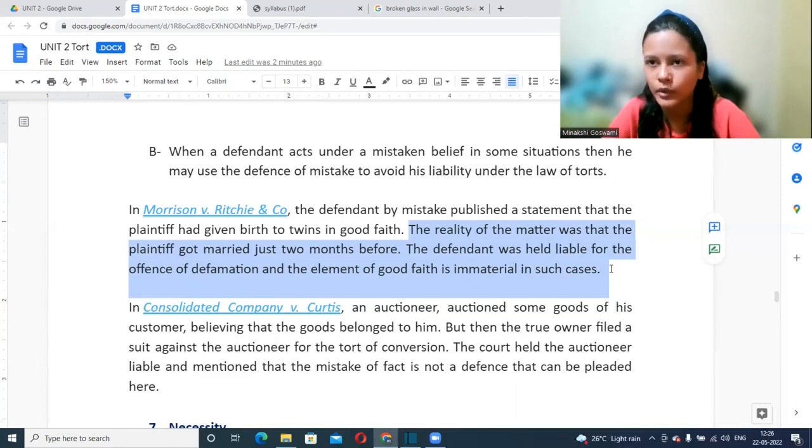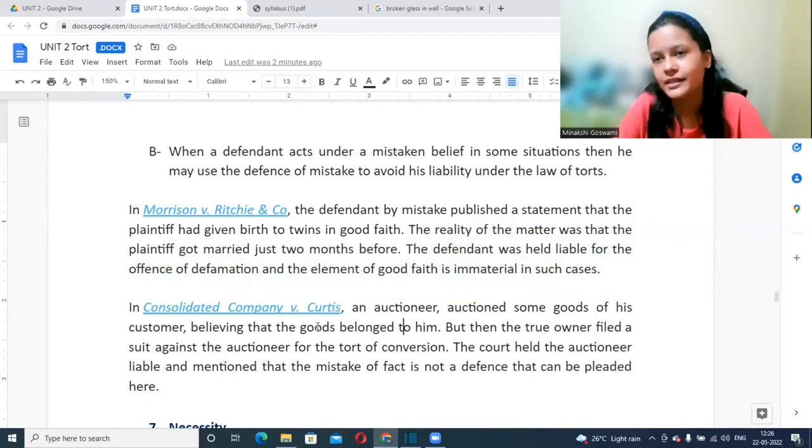If you are not doing it, you can't simply escape the liability saying that it was mistake of fact. You should have been a little careful before publishing to verify whether the information is correct or not. If you have failed to do that, you can't escape your liabilities saying that it was mistake of fact, right? So this defense was not given in this case because court was not convinced enough. If you are publishing something, you should rather be sure about it, okay?